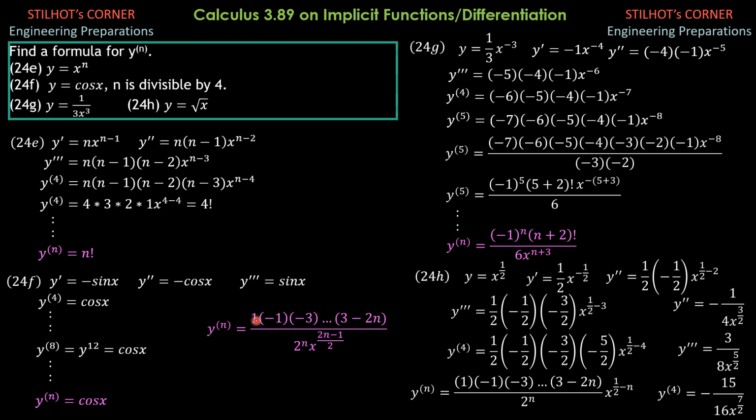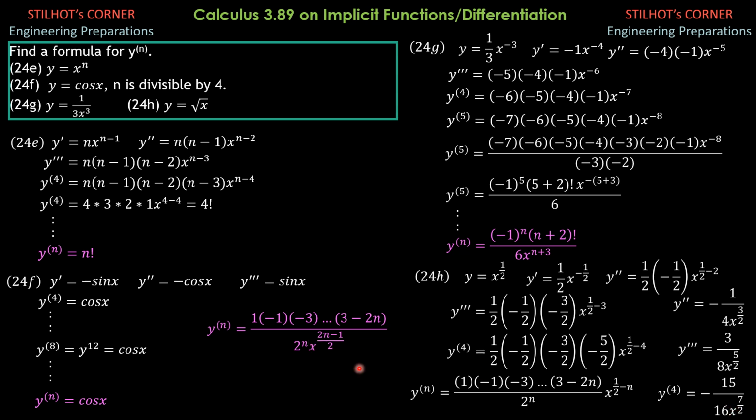So the factors in the numerator, because n is 4, there will also be 4 factors here, beginning with 1, negative 1, negative 3, and negative 5, because 3 minus 2 times 4 is negative 5. So there's negative 5 here, which are these factors there. So that's why we have negative 15. So it checks, negative 15 over 2 to the 4th, which is 16, which also checks here. And 2 times 4, 8 minus 1 is 7 halves. So x to the 7 halves, which checks.